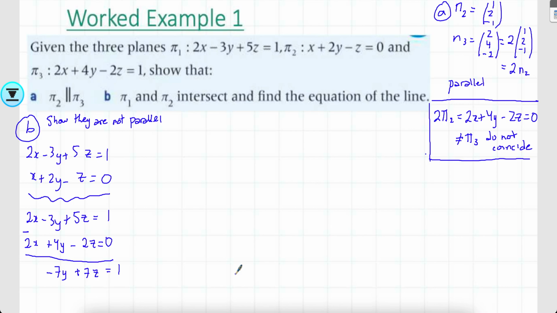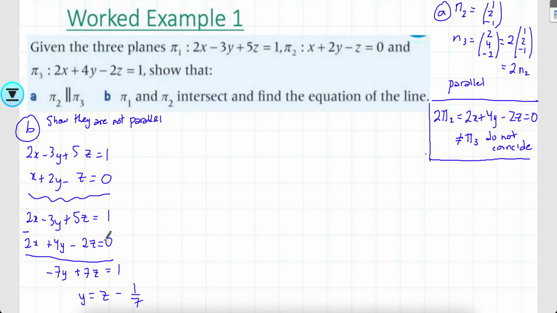And again, here you could do the opposite. You can represent z in terms of y, but the idea is to get one letter to be the representative of the other letters. So in this case, I can then say that y is equal to z minus 1 over 7 if I simplify this.